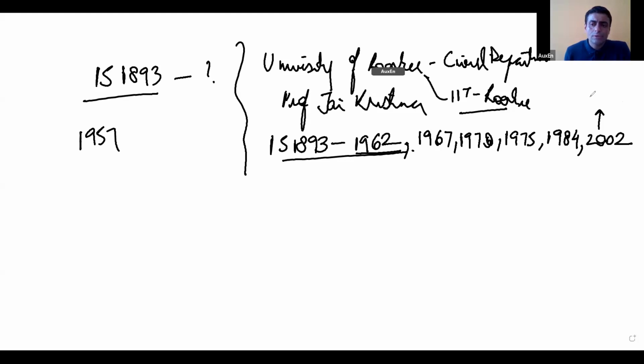In the year 2002, it was also divided into 5 parts, the first time that IS 1893 got divided into 5 parts. So you have part 1, part 2, part 3, part 4, and part 5.